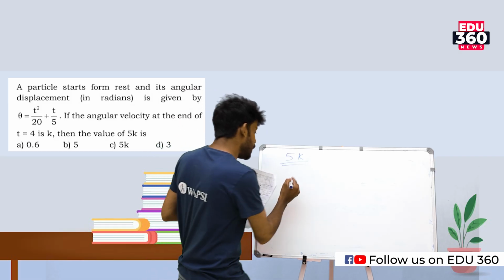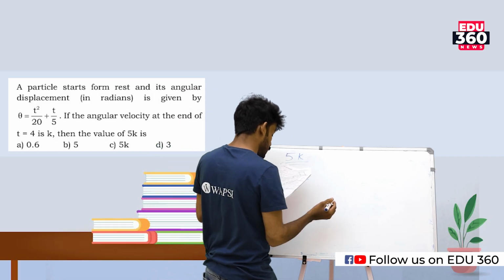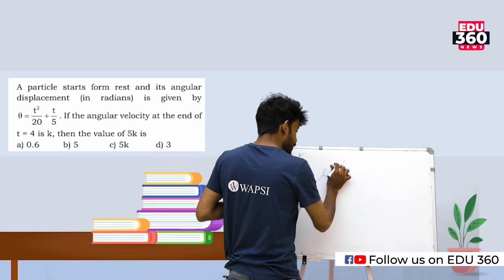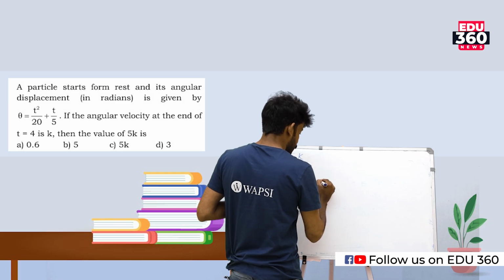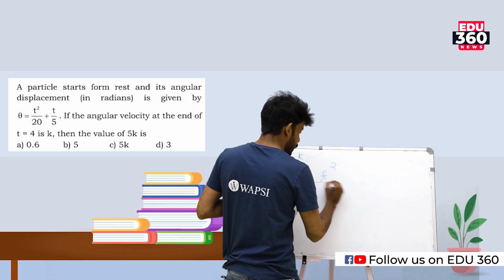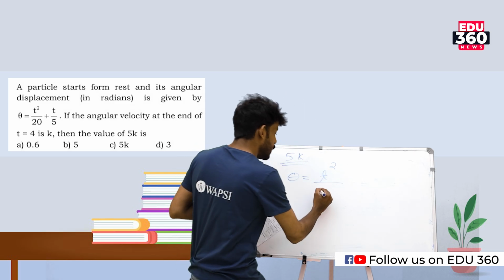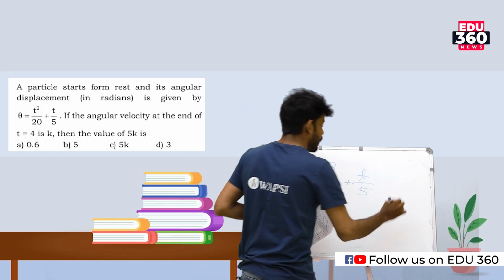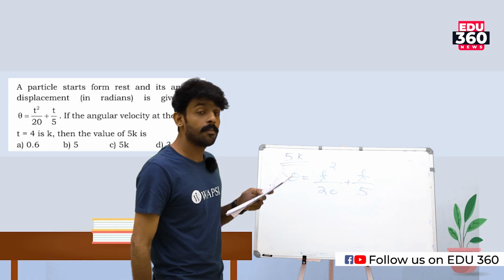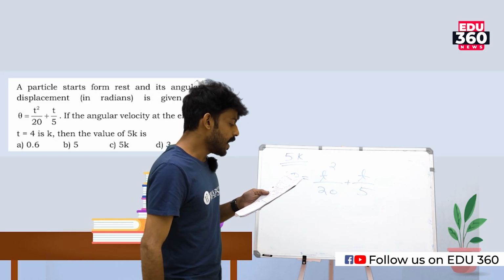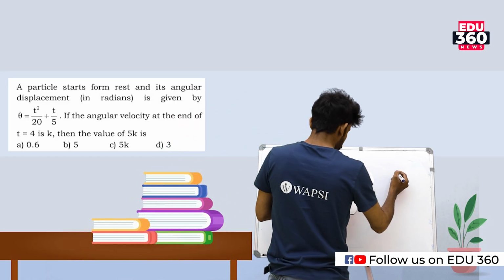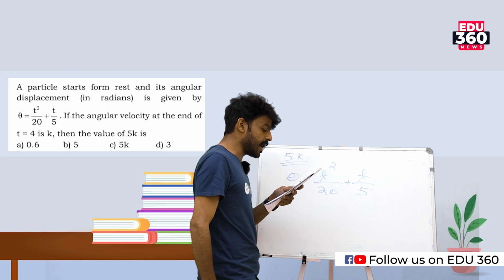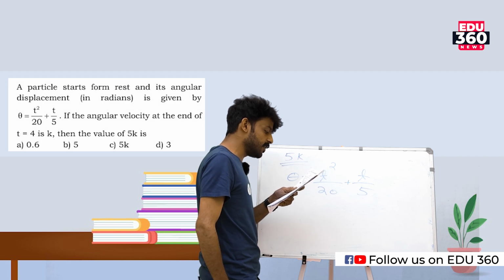So it's given that theta is equal to t square divided by 20 plus t by 5. And also it's given that the angular velocity at the end of t is equal to 4 is k.